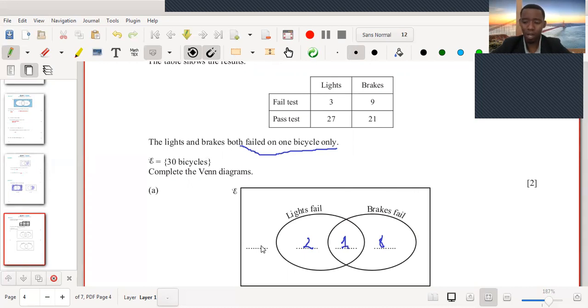So I'll be having 30, take away 11. 30 minus 11, so it's 19.